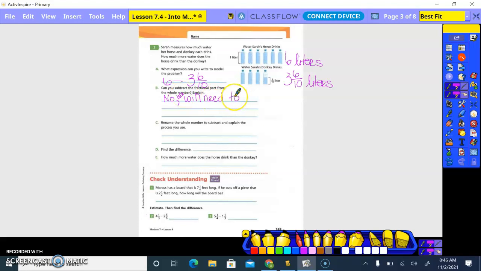Need to regroup and break 1 whole into 10 tenths.